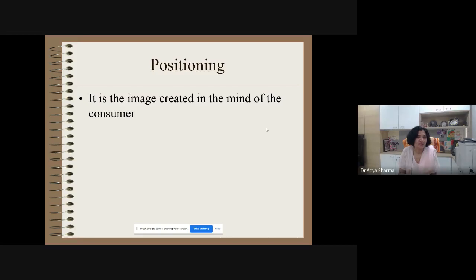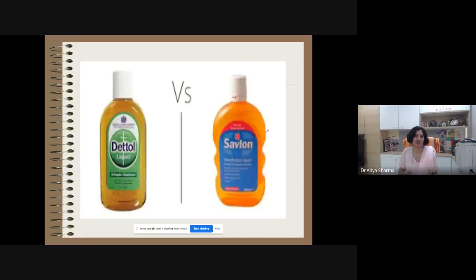And let me explain this more with a beautiful example, which most of us would know, the example of battle between Dettol versus Savlon. I don't think there must be anyone who does not know what Dettol and Savlon is, but if there is anyone who doesn't know, well, these are antiseptic liquids. These are very popular antiseptic liquids in our country, and yet they have a very, very different positioning.